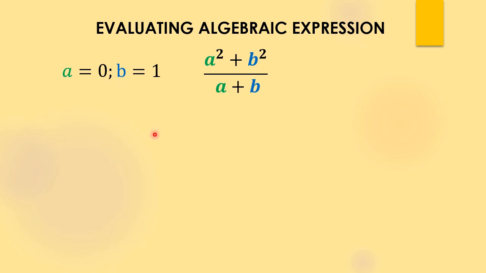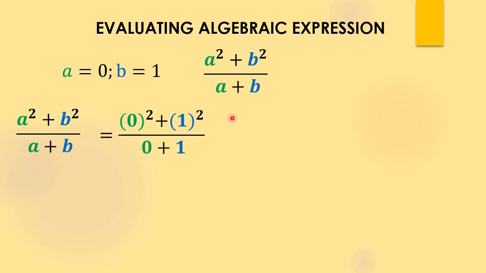So let us evaluate this algebraic expression by replacing the variable by its given value. So a squared plus b squared over a plus b. If we replace these by their values, a is 0 and b is 1. So the square of 0 is 0.